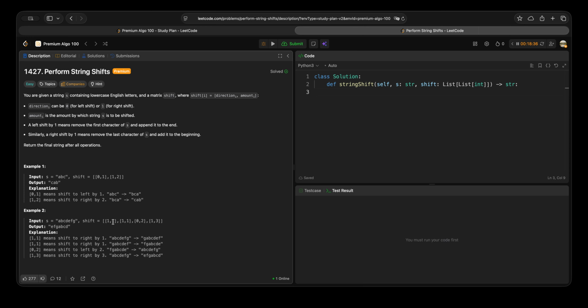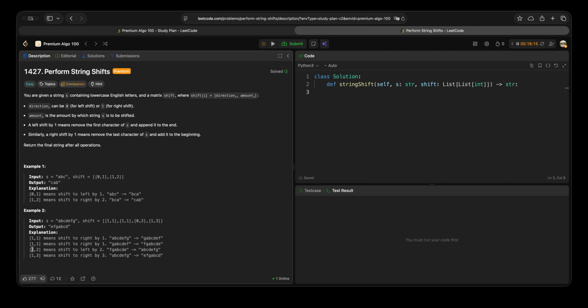The second example is ABCDEFG, and shift is [[1,1],[1,1],[0,2],[1,3]]. The first shift is 1, so it is a right shift, which means we move G to the left side. Another one is also a right shift by 1, so F goes to the left side.